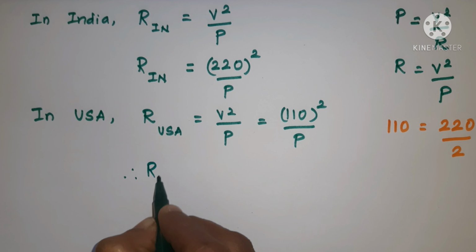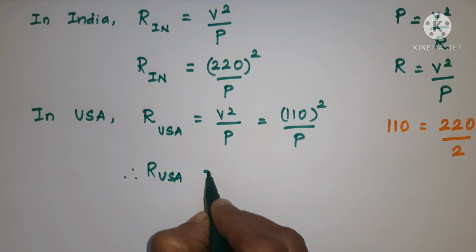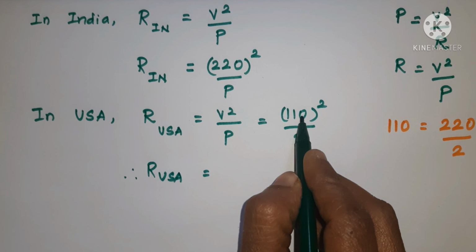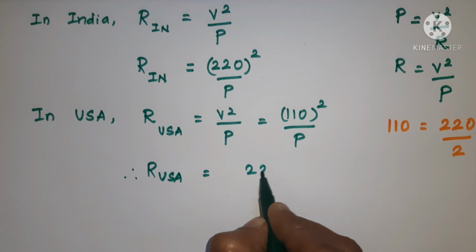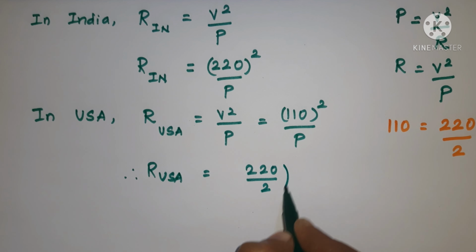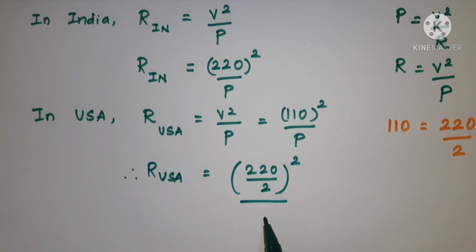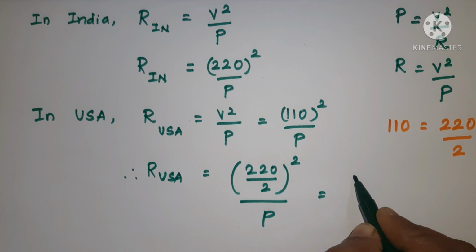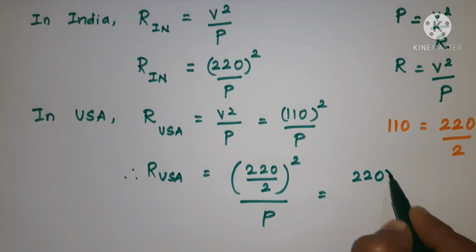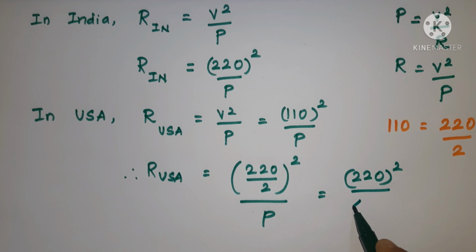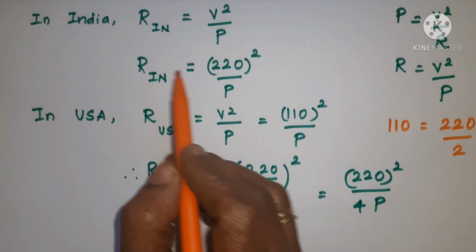Therefore, we have R USA is equal to, let me write here instead of this 110, it is 220 divided by 2 the whole square divided by P, which is equal to 220 the whole square by 4P I could write. What is this 220 the whole square by P? We have got it here like this.